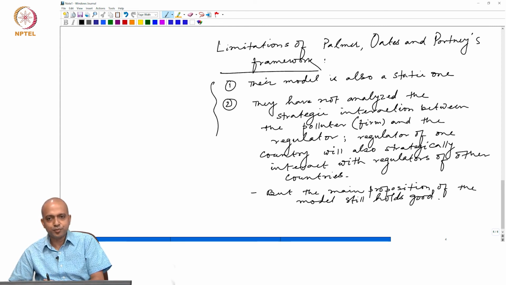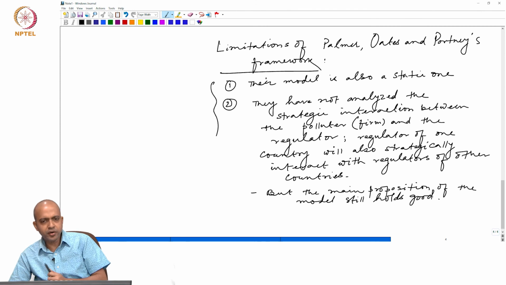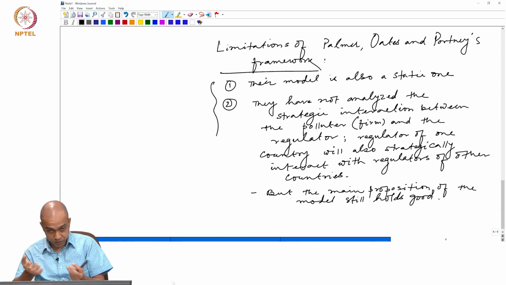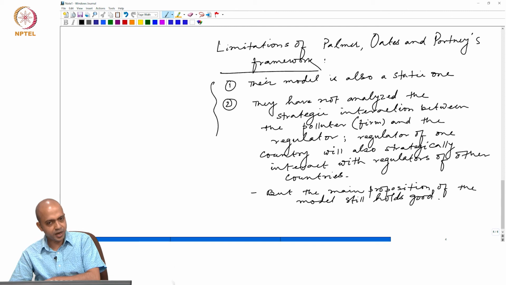But interestingly, because of the huge importance of the Porter hypothesis on policy making, even today empirical researchers are trying to find out whether Porter's hypothesis is actually true or not using empirical data. And not only that, there are researchers asking an additional question.